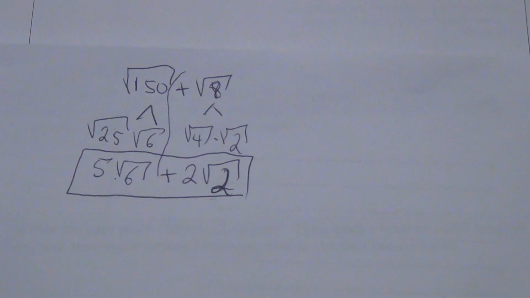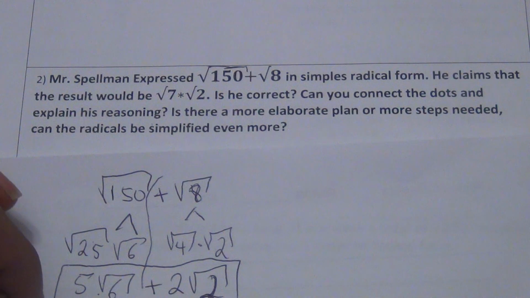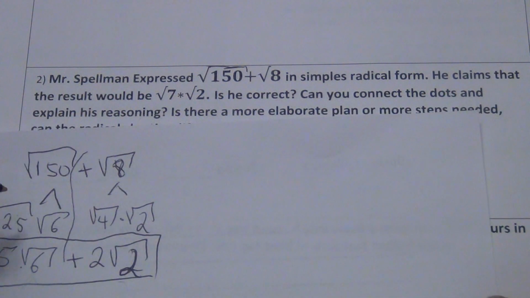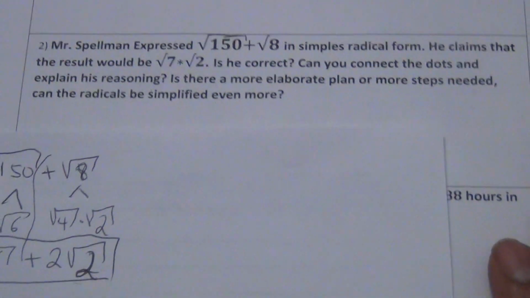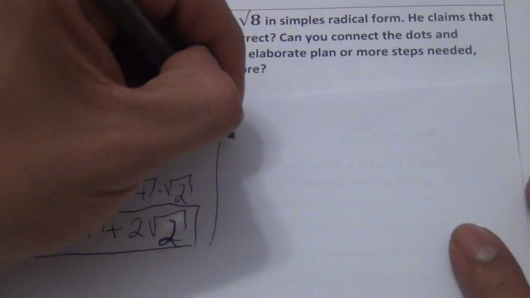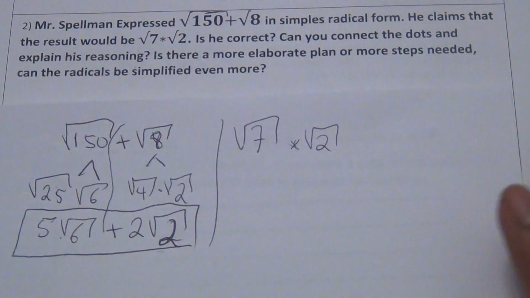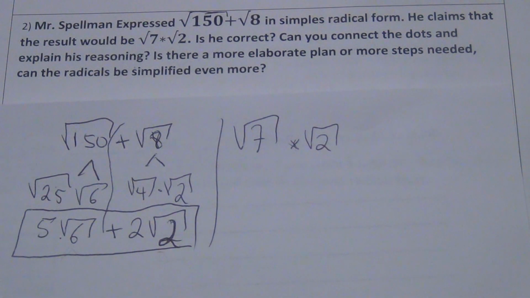But the problem that I find with this is that he is saying that the answer is radical 7 times radical 2. Where is he getting this information from?